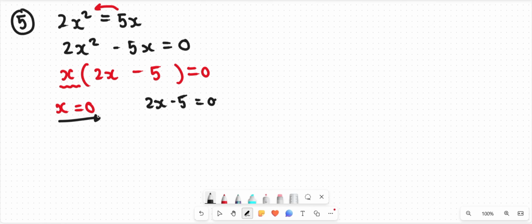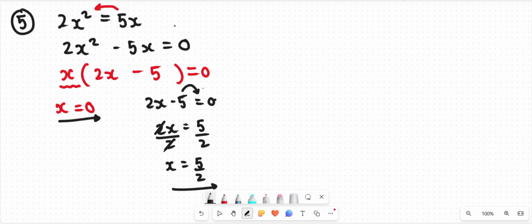The first is solved for x, I don't need to do anything there. This one I do need to take the 5 over, making it positive. Divide by 2, divide by 2, and so x is 5 over 2. And there we go. Very easy.